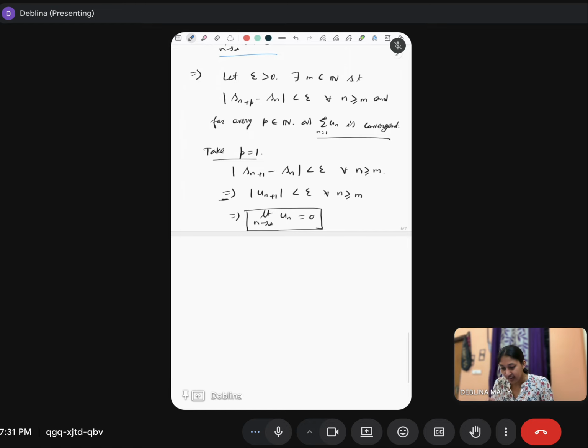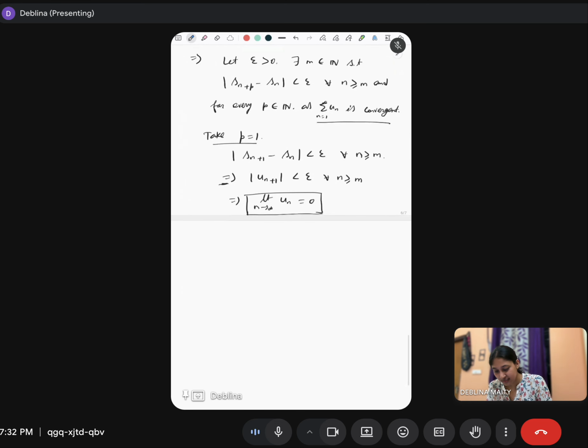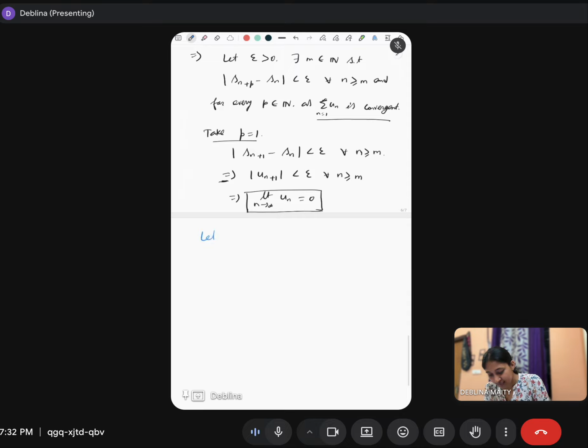Okay. Now is the converse true? Means, is it sufficient to show that the series is convergent? So what I am trying to say is, let sum u_n be a series and limit u_n is 0 as n goes to infinity.